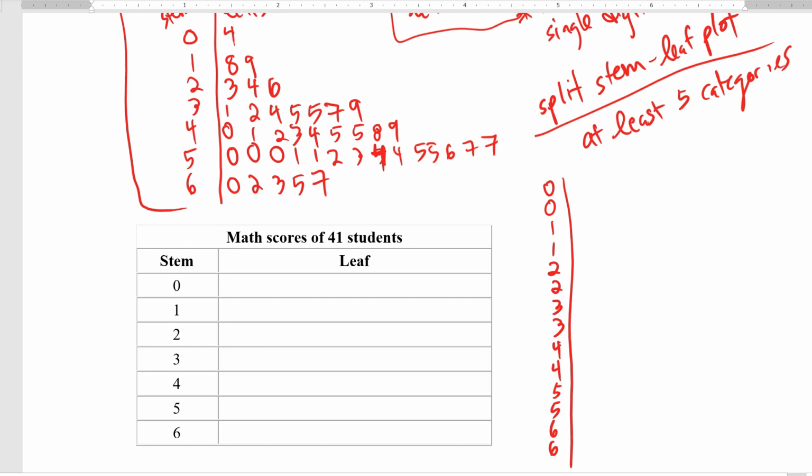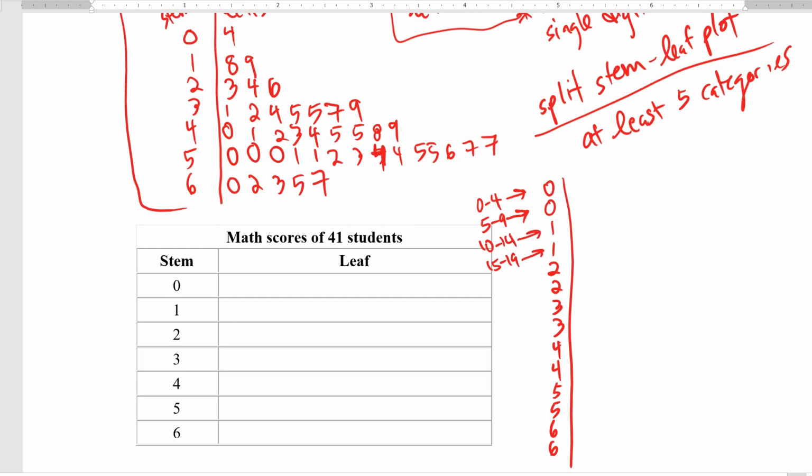So the first 5 numbers go on the top, the second 5 go on the bottom. What goes up here is not 1 through 5, because remember, we're splitting it. It would be 0 through 4 in the first, and then 5 through 9 in the next, and then this would represent 10 through 14, 15 through 19, so on and so forth.